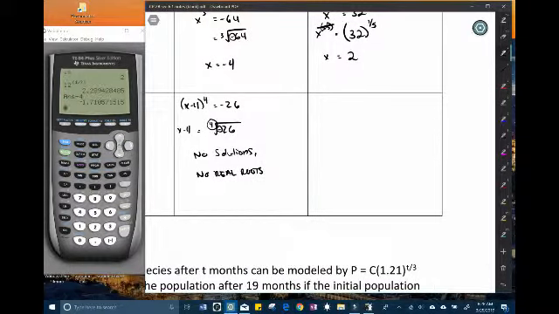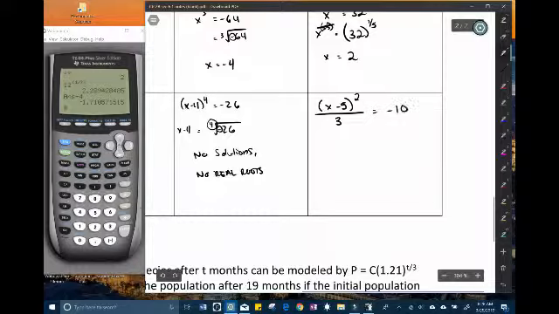In an example here, let's say we had x minus 5 squared, all over, say, 3, and we set that equal to negative 10. Our first step would be multiply by 3. Let's multiply both sides by 3.